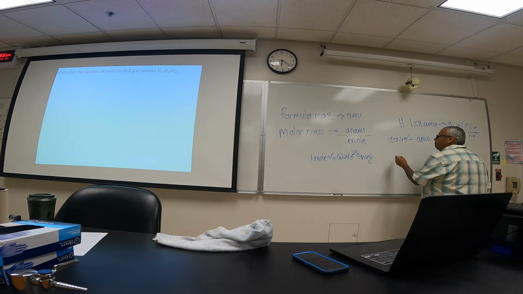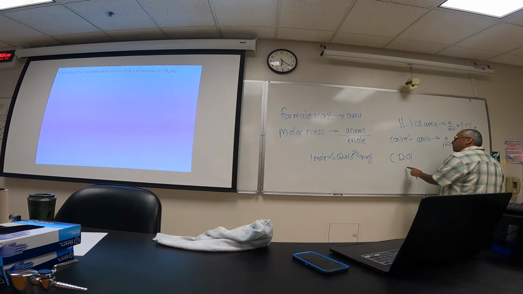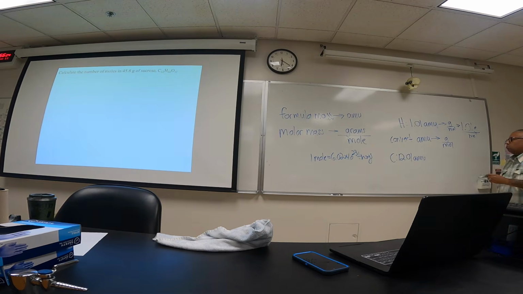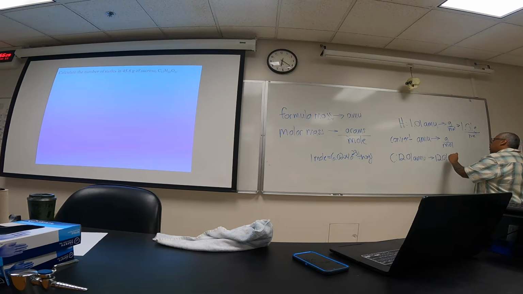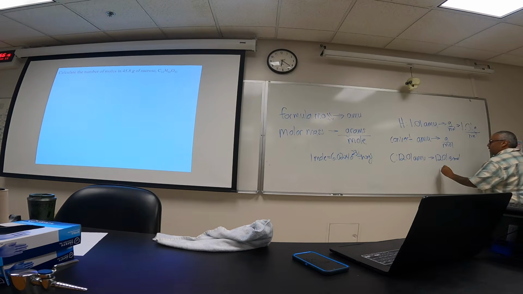Right? On the periodic table, so we have carbon. Another example, carbon is 12.01 atomic mass units. If I want to convert that into grams per mole, it's 12.01. I'm going to put it like this, but again, I don't like the way this looks. It's not how I'm going to use it.